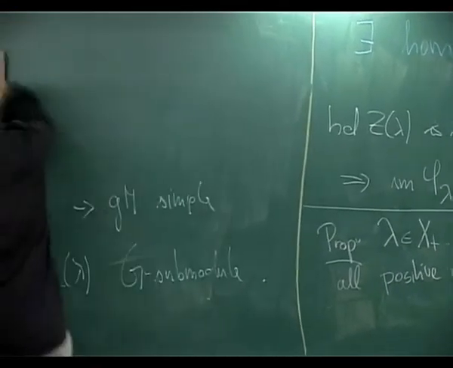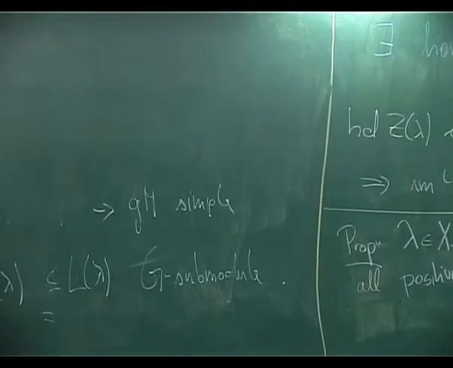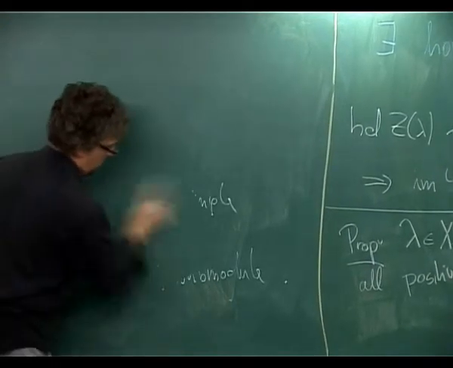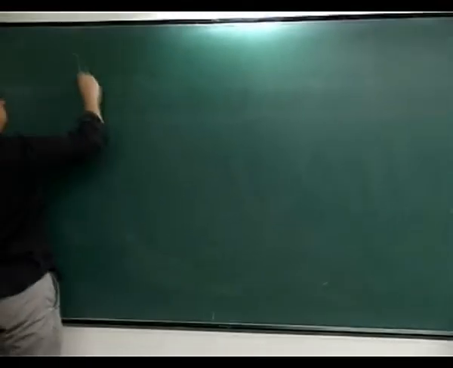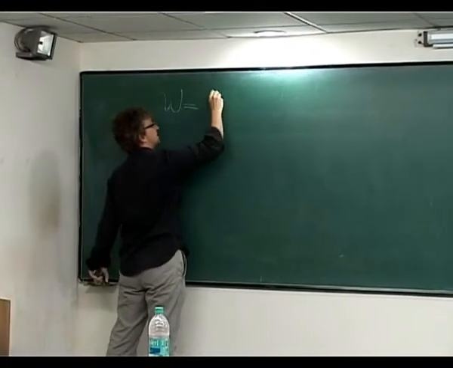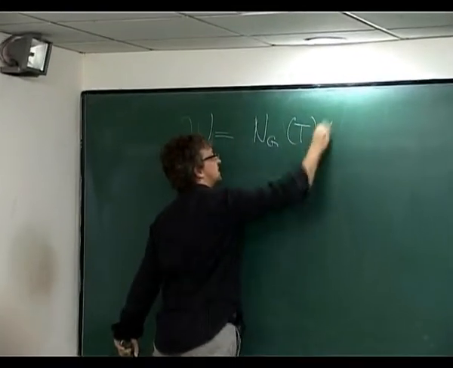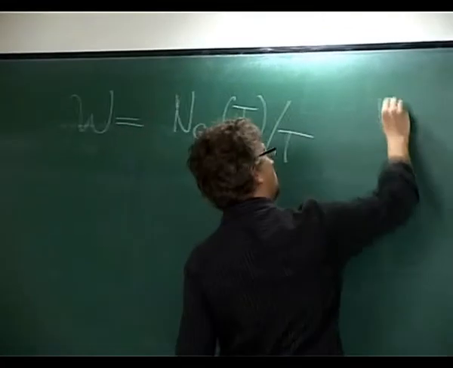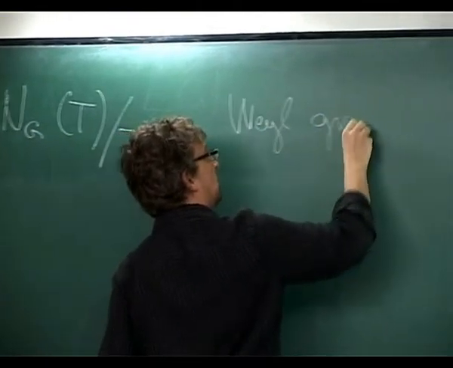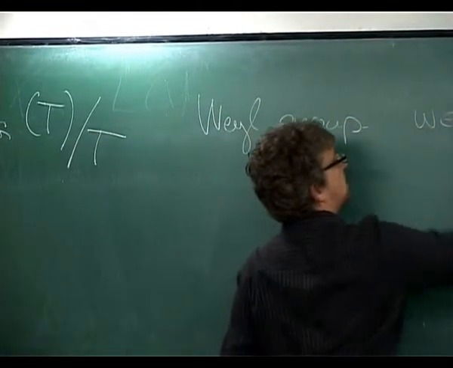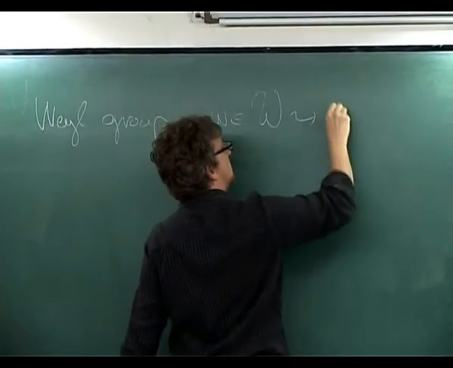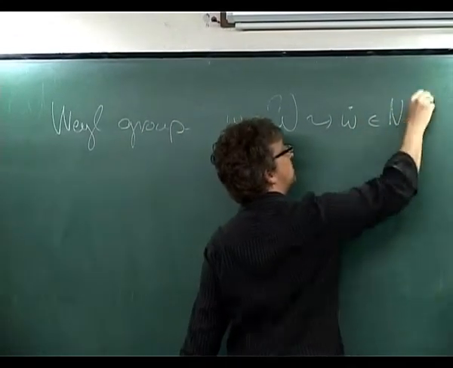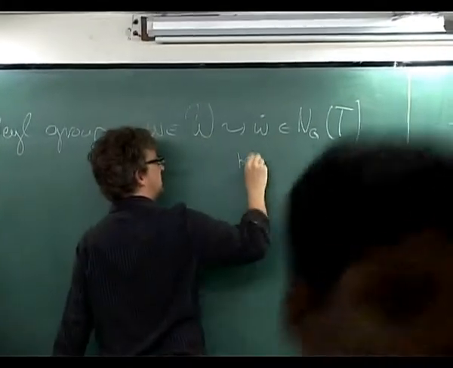So, let us look at the Weyl group of this group. This is the normalizer of T in G divided by T. This is the Weyl group. And for w in W, choose w dot in N_G(T), a representative.